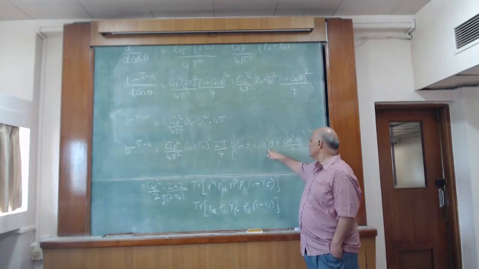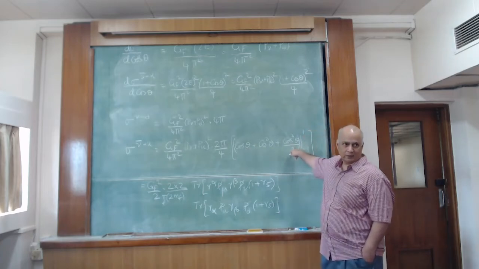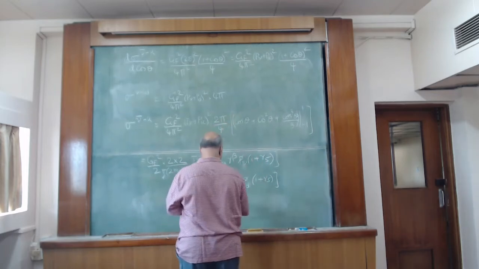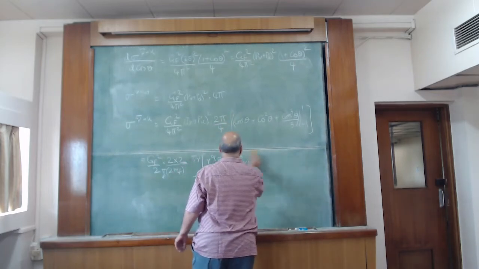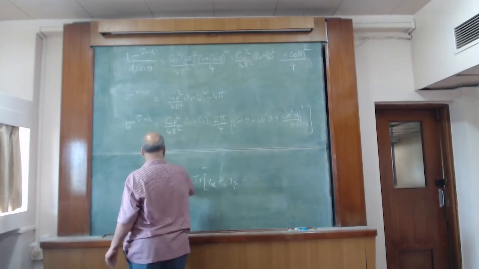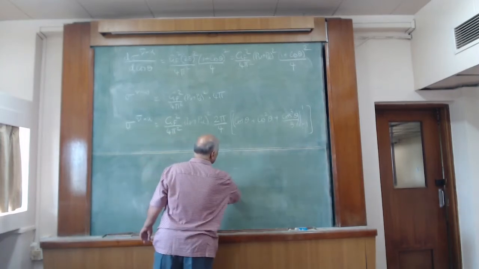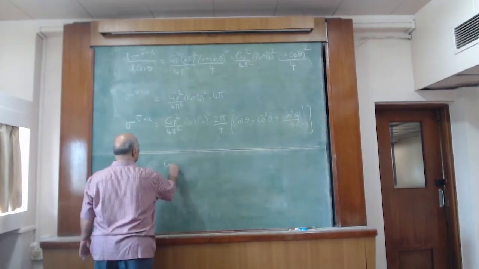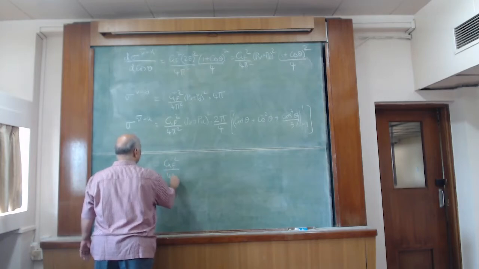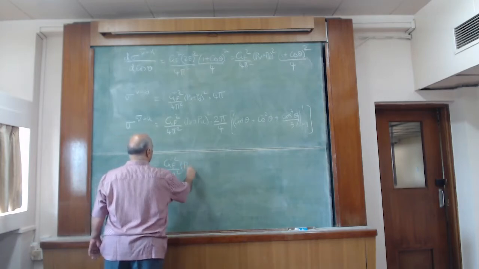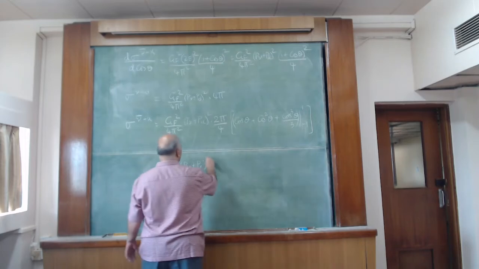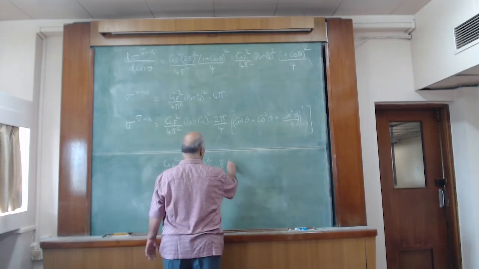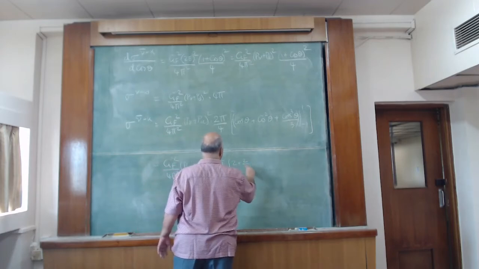This gives me 2, this gives me 0, this gives me 2 by 3. So this is GF square by 4 pi square (p_nu plus p_u) whole square times 2 pi by 4 times 2 plus 2 by 3.